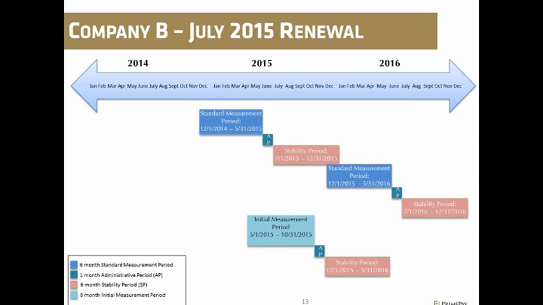So keep in mind as well that once this initial period is done, you notice up here the standard measurement period 12/1/2015. This new hire would be measured in his or her own measurement period, but then also begin the ongoing standard measurement period as of December 1st. All right? Crystal clear?